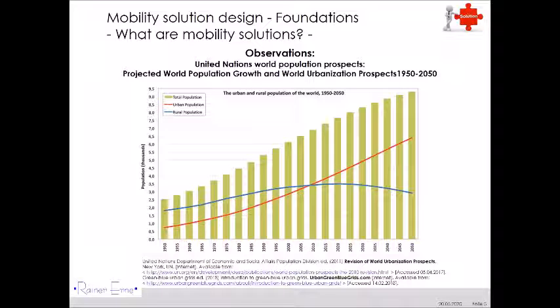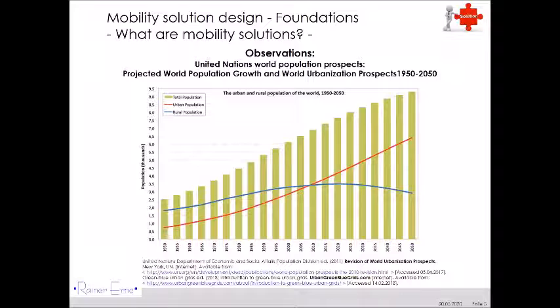And observation number two is that a good proportion, more than 50% of the world population in 2030, will live in cities. So the proportion of people living in rural areas will go down, but the number of people who will club together in cities will increase.